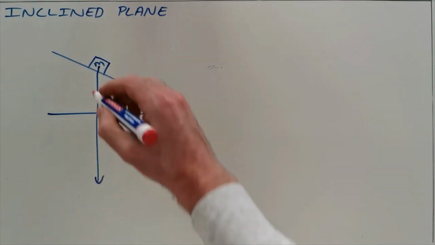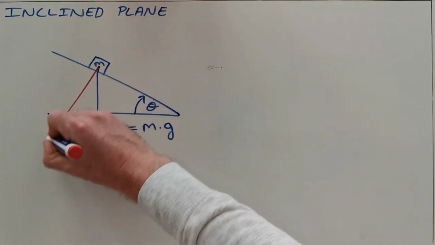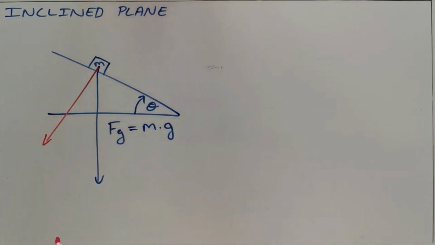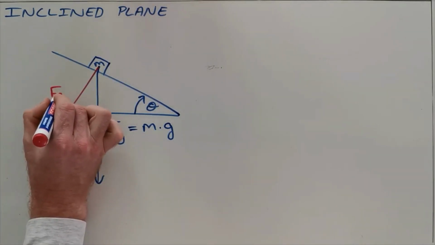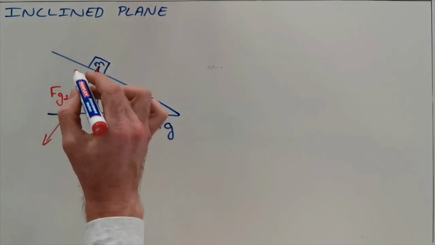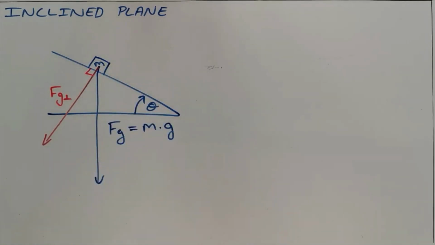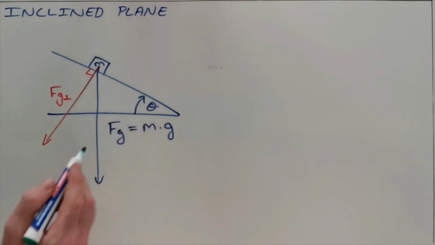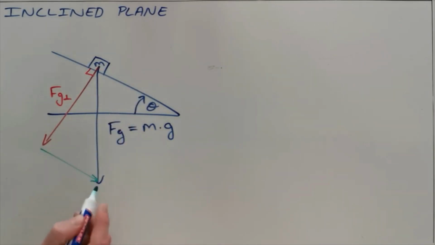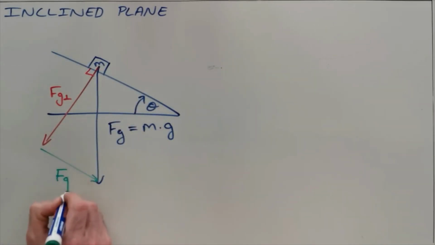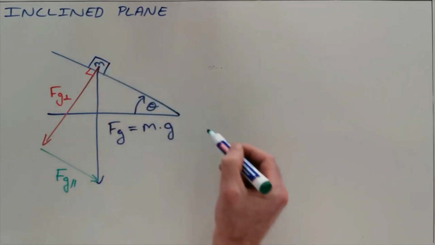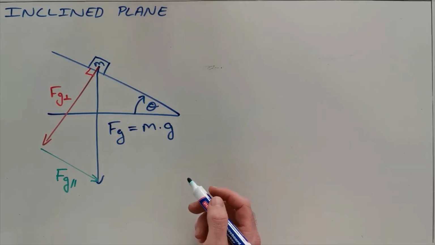The first is the component of gravity that pulls this object into the slope, and we call that Fg perpendicular, because this force is always perpendicular to the slope. The second is the component of gravity that is pulling this object down the slope, and we call that Fg parallel, because this component acts parallel to the slope, in this case downwards.